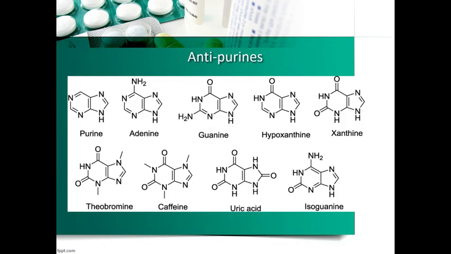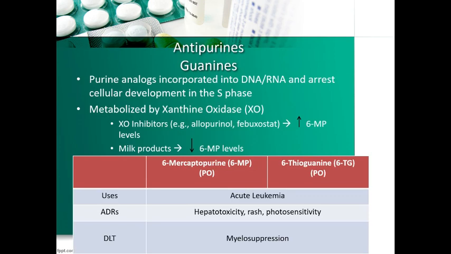Alright, so moving on to antipurines. Adenine and guanine are the two purine bases. These have two rings, and that distinguishes them from the mono-ringed pyrimidines. We don't see a lot of these agents at the Kirkland Cancer Center, but I did want to give you an example of what an antipurine is.